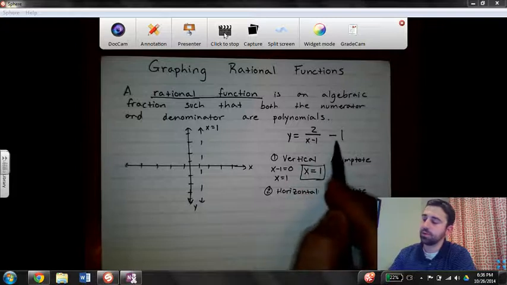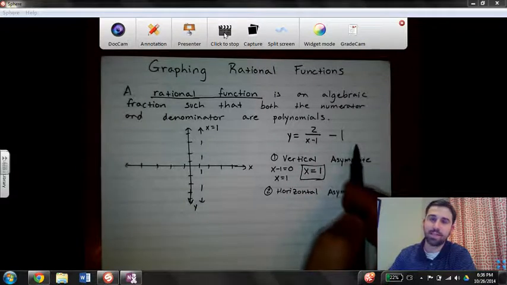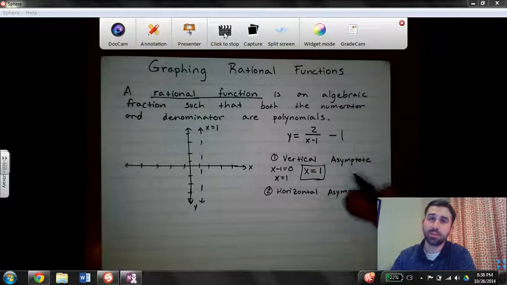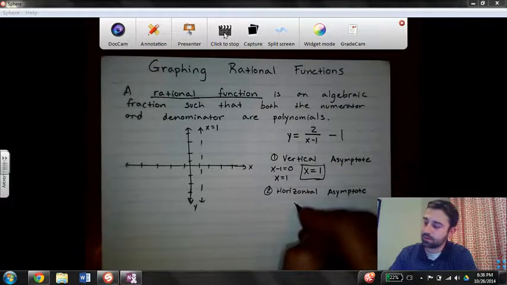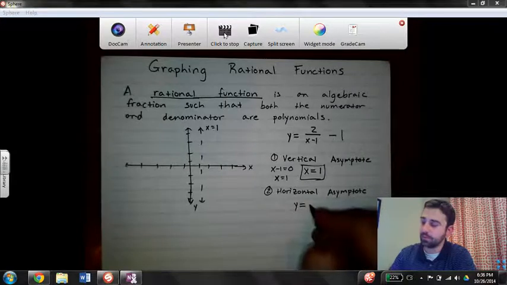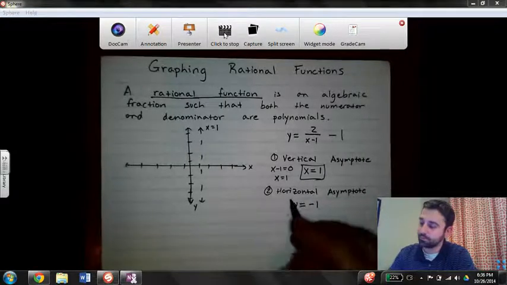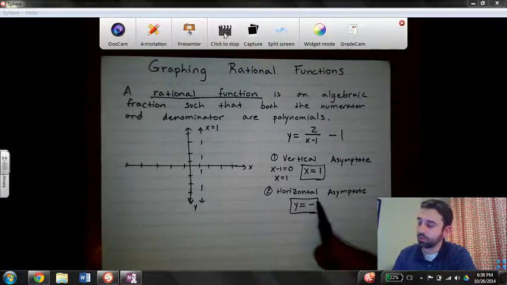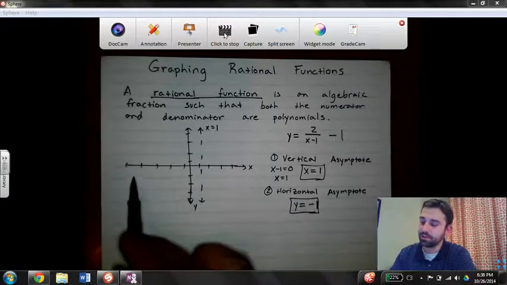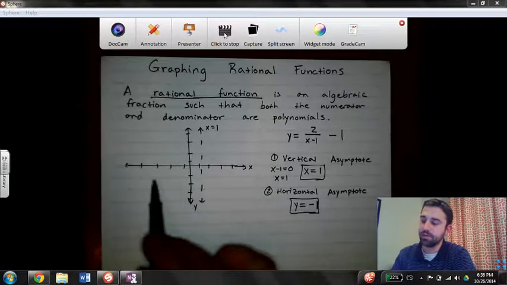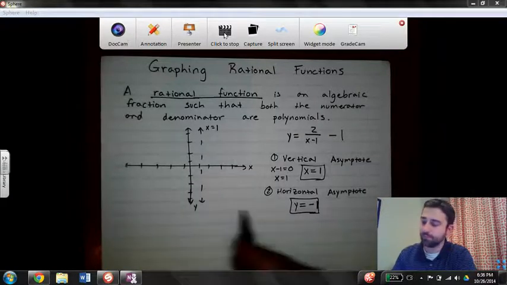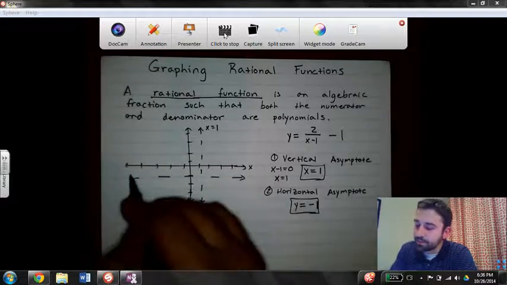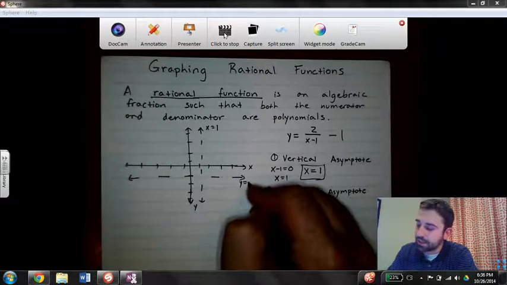Looking here, we see that this minus 1 tacked on at the end of the equation will cause the whole function to be shifted down 1 unit, making this horizontal asymptote y equals negative 1. And a horizontal asymptote shows us that the line's going to be going left to right, making it a y equals line. So at y equals negative 1, I can graph this asymptote, once again using a dotted line and labeling it.